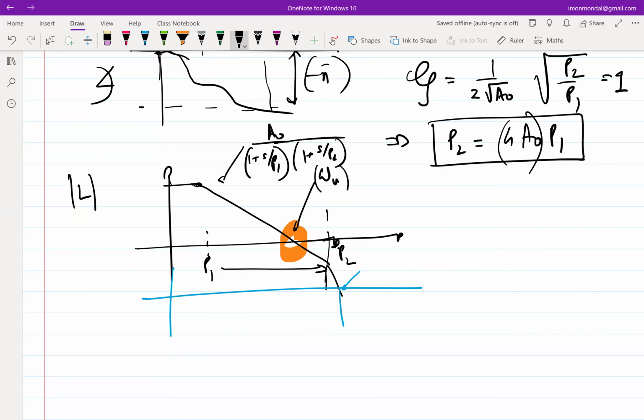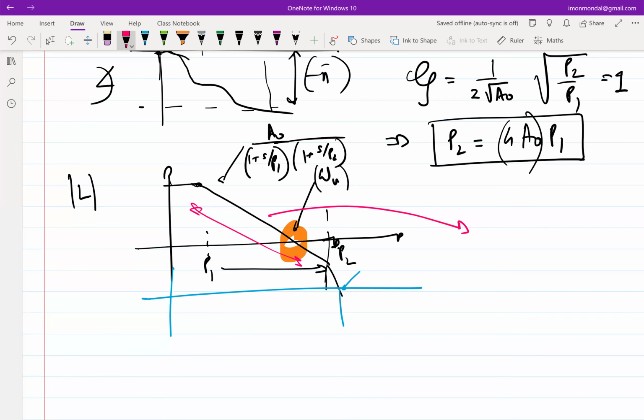We assume, let's say the omega u falls in between P1 and P2. Even before we assume that, what is the approximate expression of this part of the line segment? This is the case where I am bothered about frequency points higher than P1 and lower than P2.